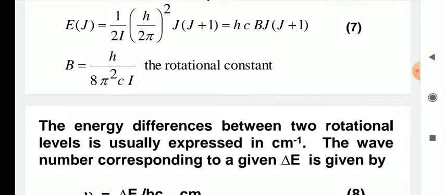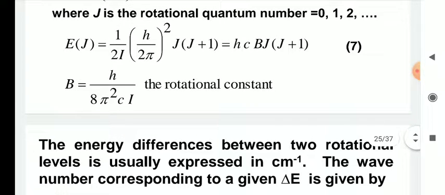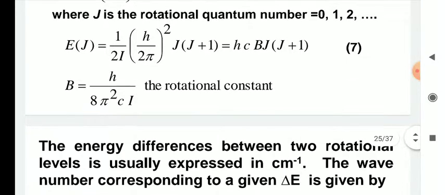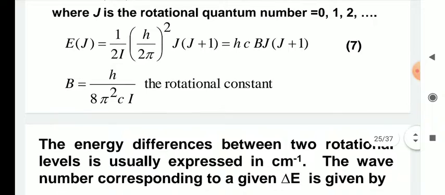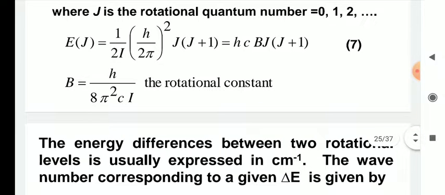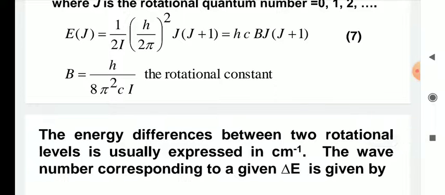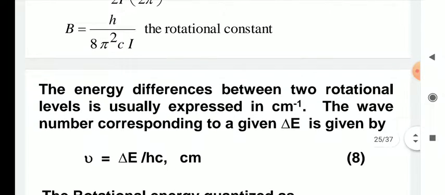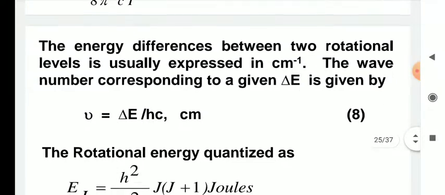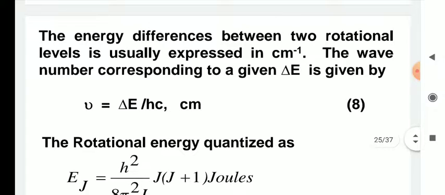Hence, once we know the rotational constant, we can easily calculate the moment of inertia. Once the moment of inertia of the molecule is known, we can also calculate the internuclear distance of the molecule, that is the distance between the two atoms of a molecule, r, with the help of this rotational spectra. The energy difference between two rotational levels is usually expressed in centimeter raised to minus 1.